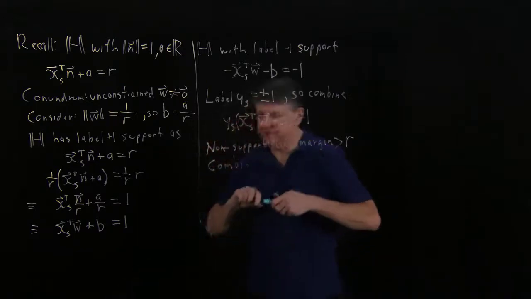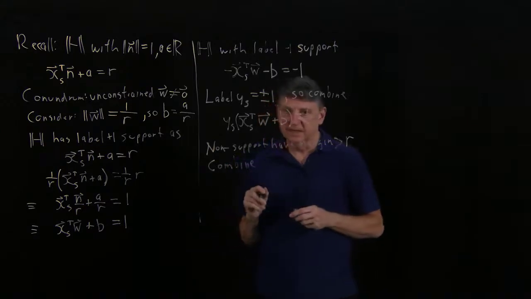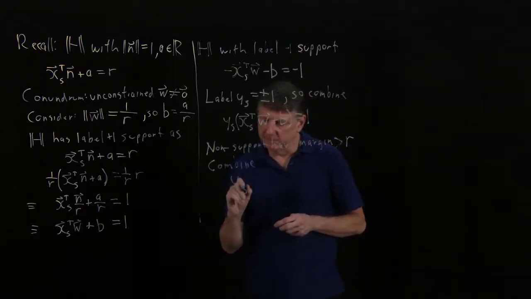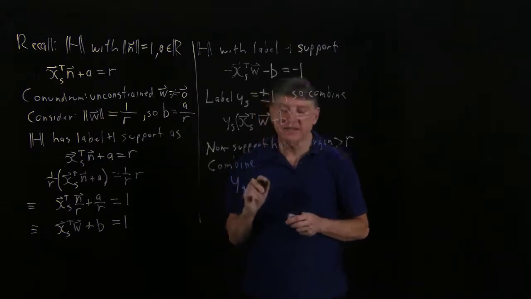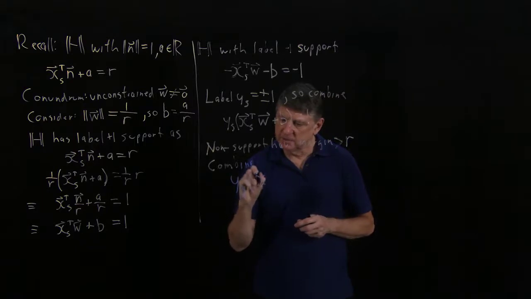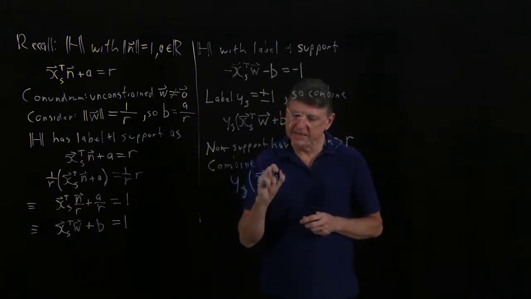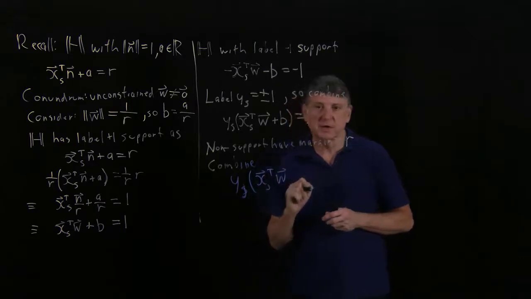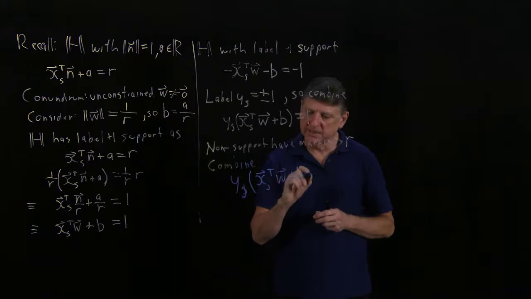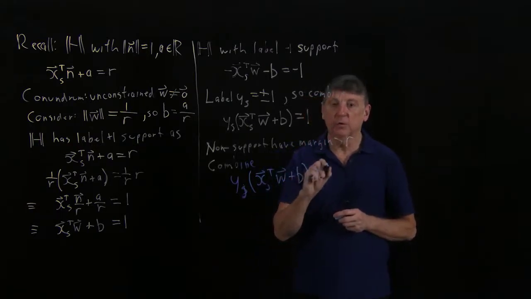We can combine these into the label for the jth data vector times the inner product of the jth data vector and the unconstrained normal vector for the hyperplane plus the hyperplane bias has to be greater than or equal to 1.